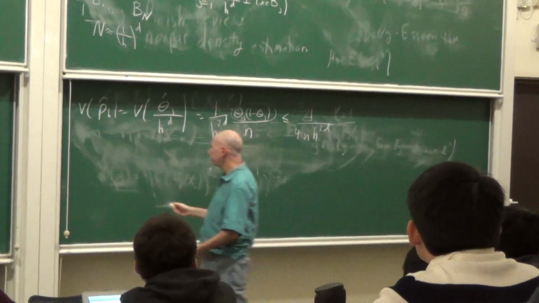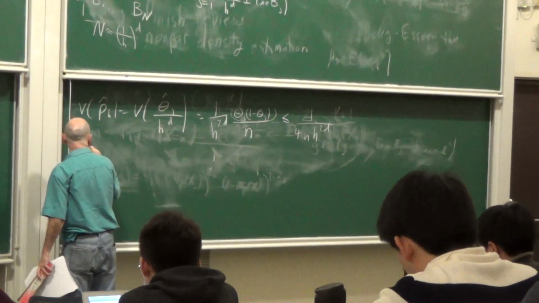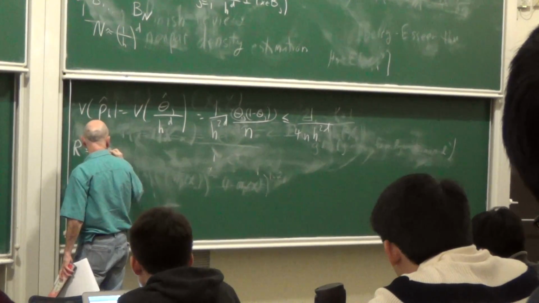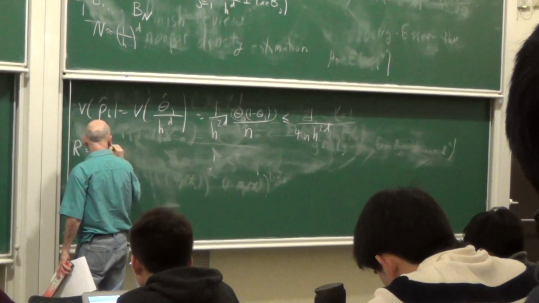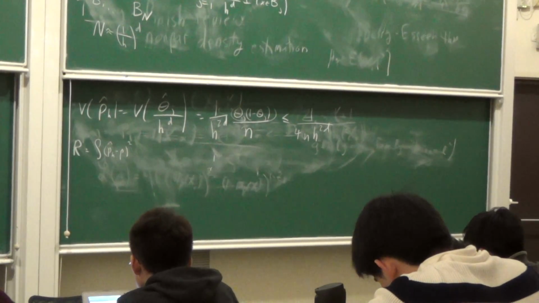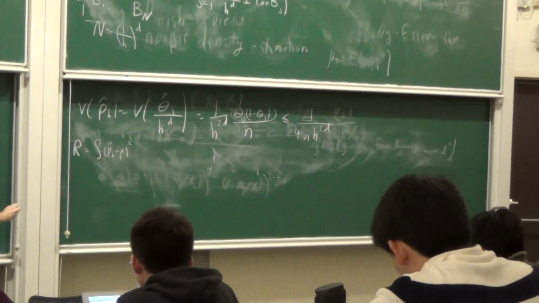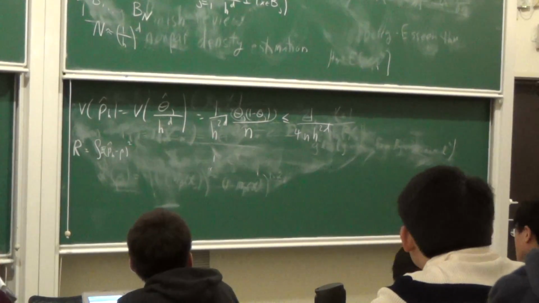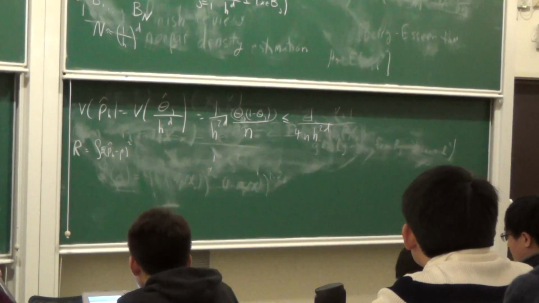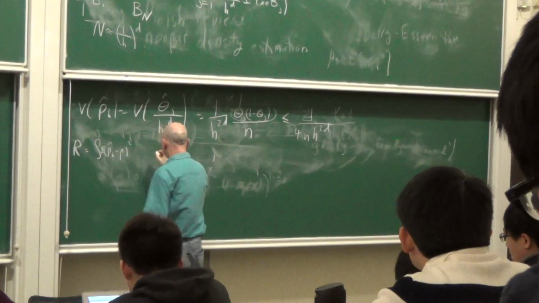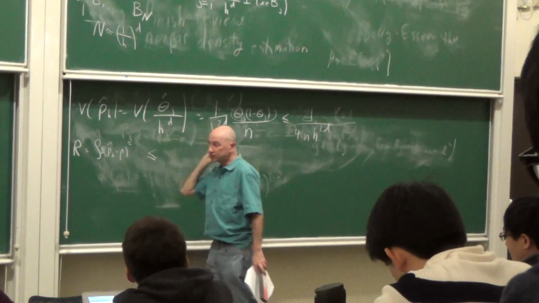And finally, the risk, which is the integrated loss. Now we use the fact, remember the bias variance decomposition, right? The expected value of that squared is equal to the bias squared plus the variance. And we have upper bounds for the bias and variance.